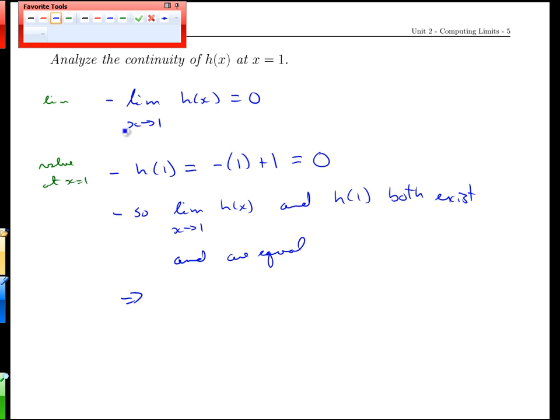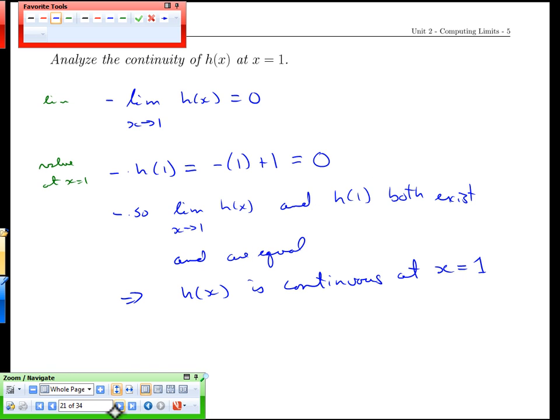The satisfaction of those three criteria tells us that h of x is continuous at x equals 1. The limit exists and it's 0. The function value at that one point exists and is also 0. All those things agree. That means we could draw the curve as one smooth line with our pen.